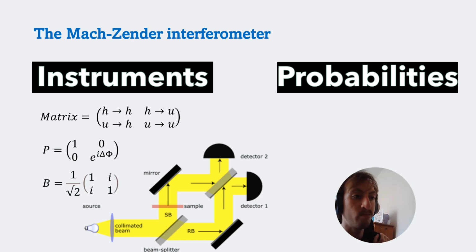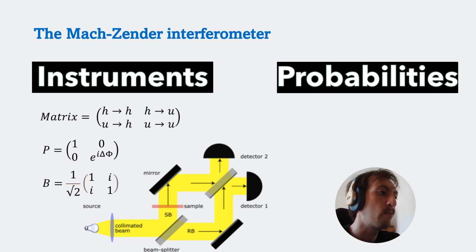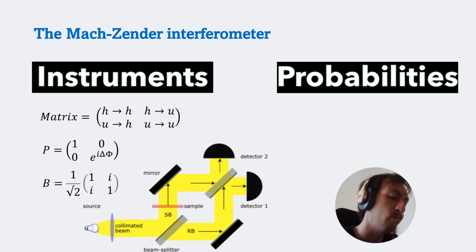Now our mirror, sorry, not our mirror, our beam splitters. If we look at what's happening with our beam splitters, we're going to assume they have a 50-50 chance of deflecting the photon compared to not deflecting it, hence the 1 over square root of 2.